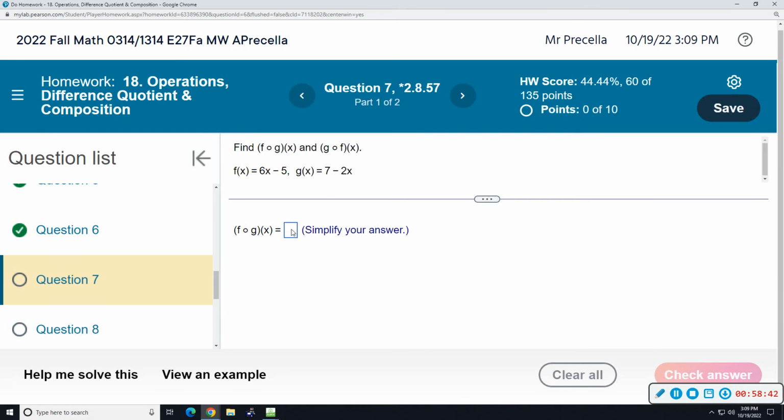That means you expect your final answer to be a function of that variable. Let me write down these two equations. This is number 7. f of x is equal to 6x minus 5. And g of x is equal to 7 minus 2x.